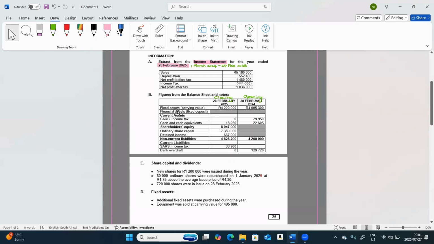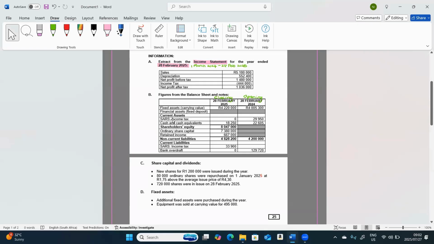So they give us our fixed assets at carrying value, guys. This fixed assets opening balance and closing balance will be used for fixed assets purchased. And then we have financial assets, which is blocked out. Then we have our current assets, guys, which consists of SARS income tax. And then we have our cash and cash equivalents. Now, obviously, your SARS income tax, can you see that for the current year, we have 0.